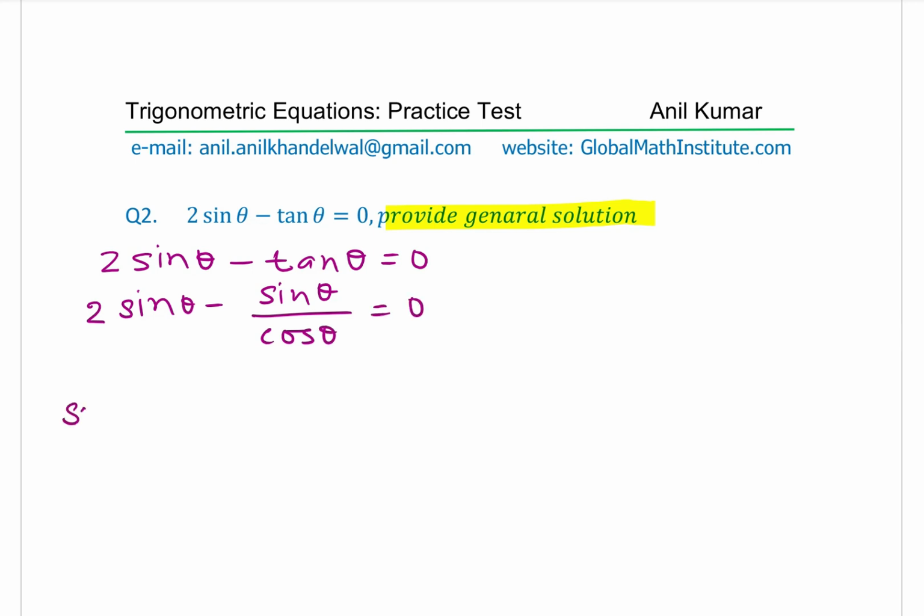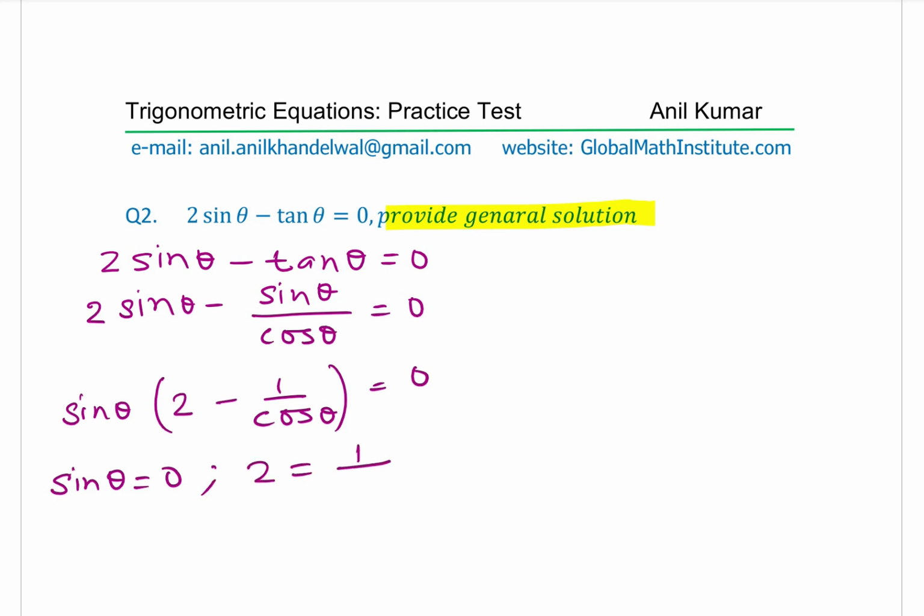So we can take sine theta common. So we get sine theta times 2 minus 1 over cos theta equals to 0. So for that to be true, we have solutions for sine theta equals to 0, and we can say 2 is equal to 1 over cos theta.